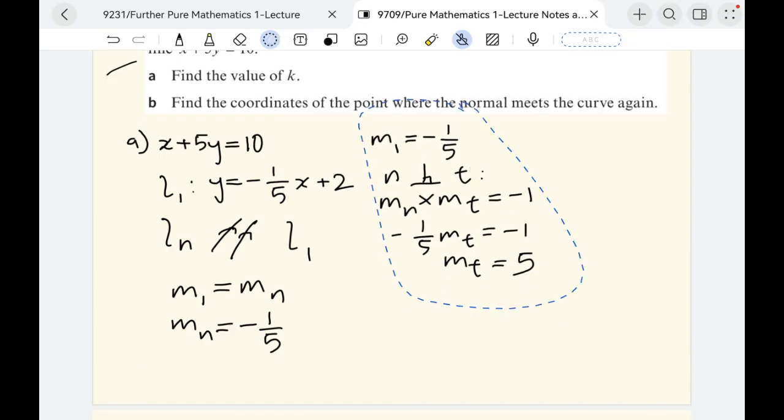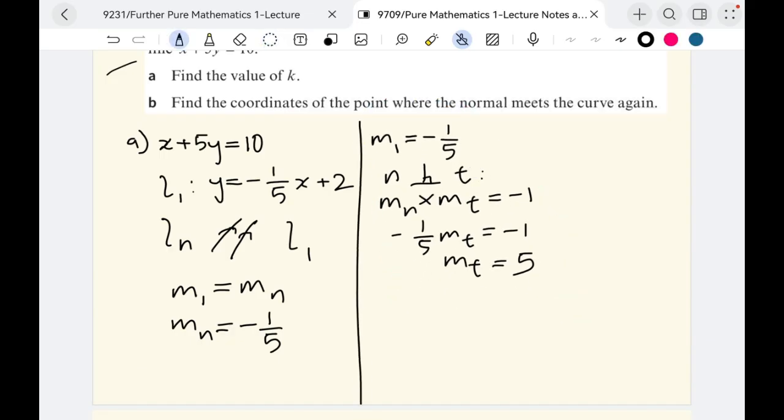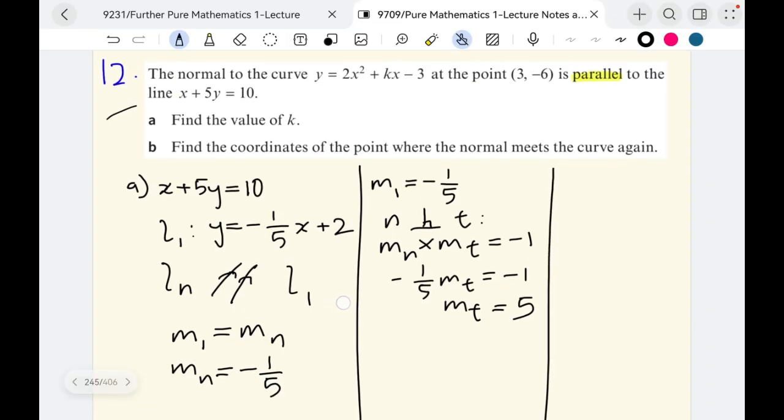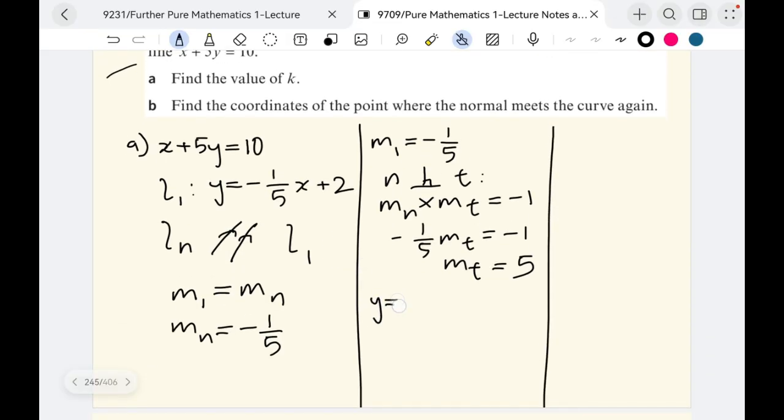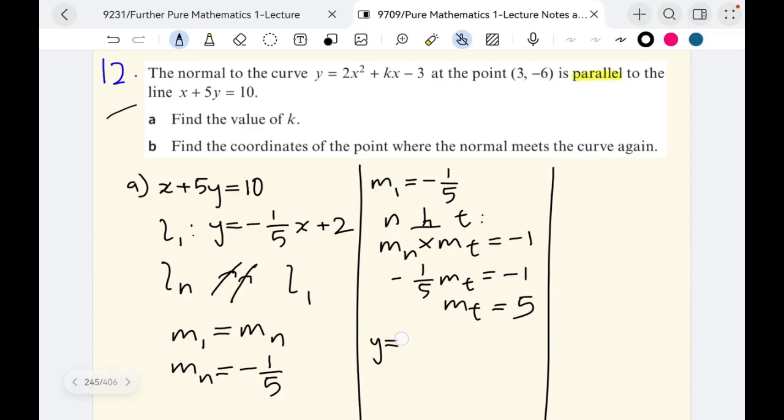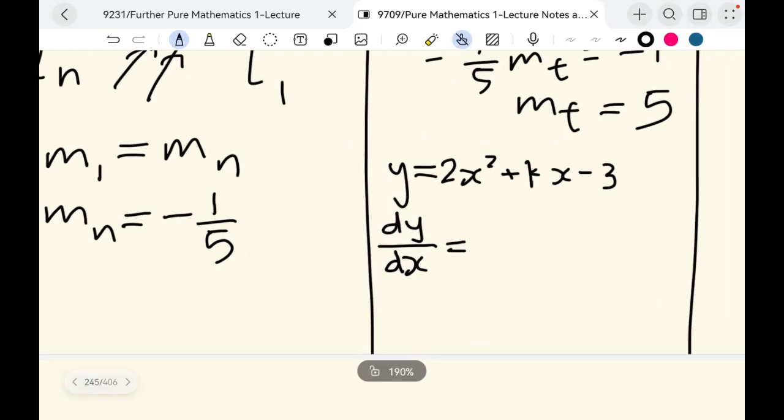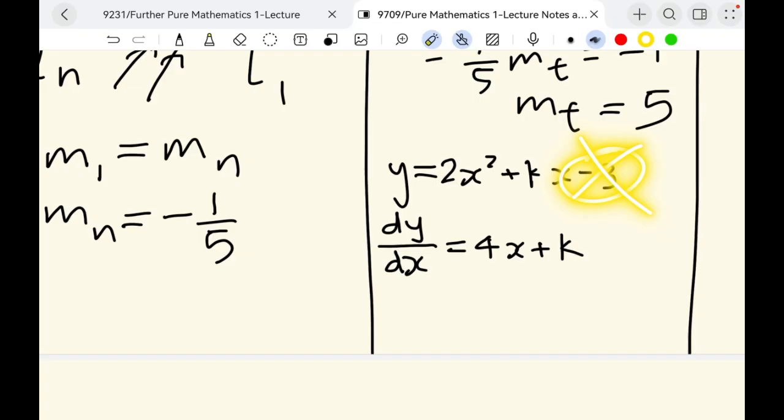Obtain the gradient of the curve. The gradient of tangent to the curve is found by differentiating the equation of the curve, taking the first derivative of it, which is dy/dx. So the dy/dx of the quadratic function is a linear function, 4x plus k. The constant is gone, and for the kx, the x is gone.